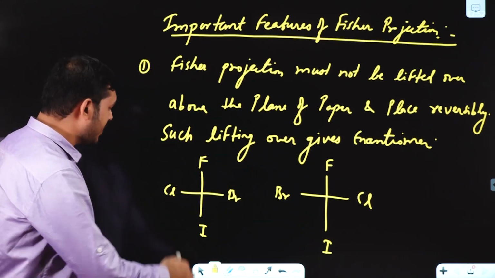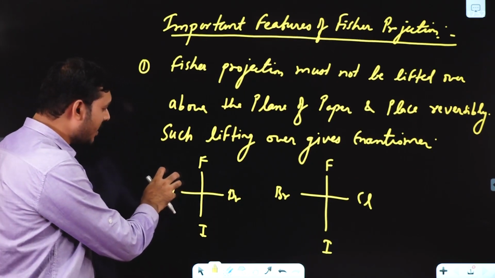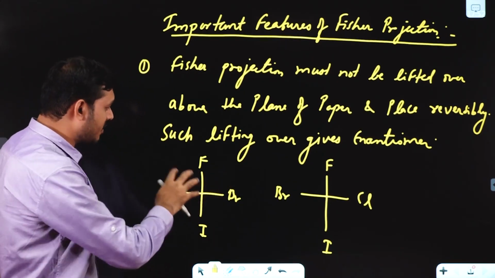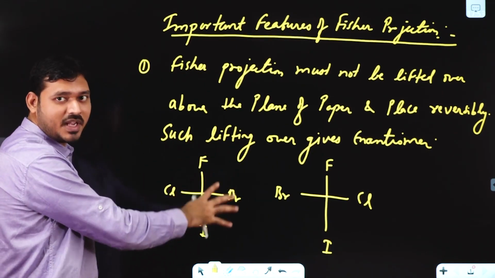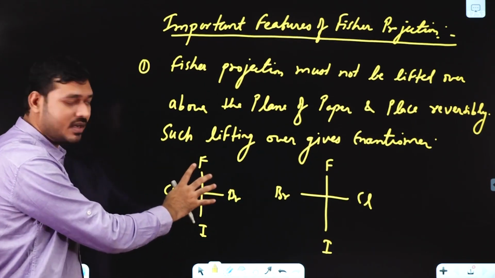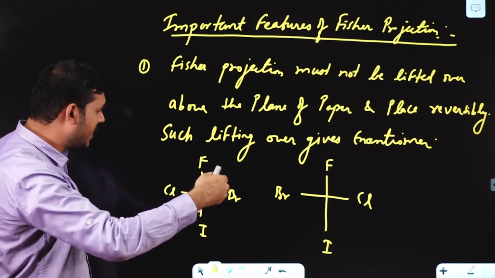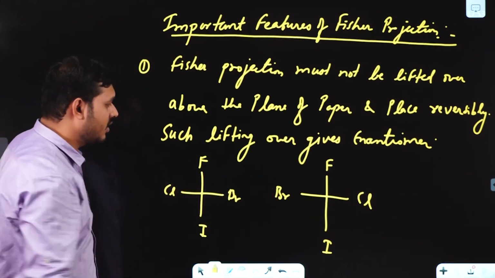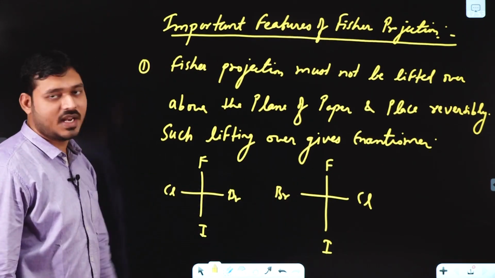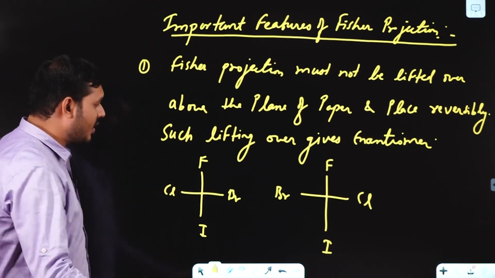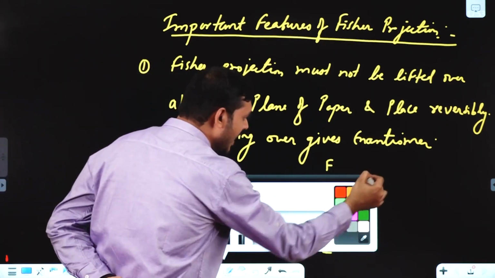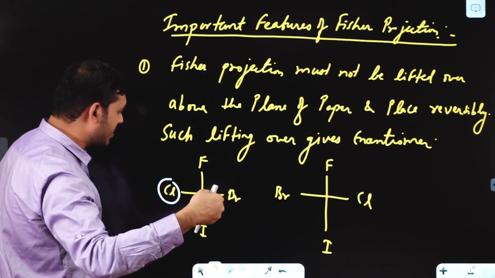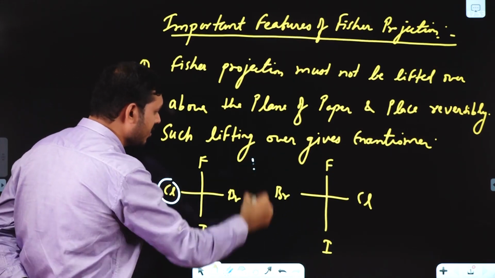So if you lift one part above the plane of paper, suppose I am taking this as the plane of the board, and turn over reversibly, then you will get enantiomer. Clear? You can see simply, pull towards yourself, lift and turn.